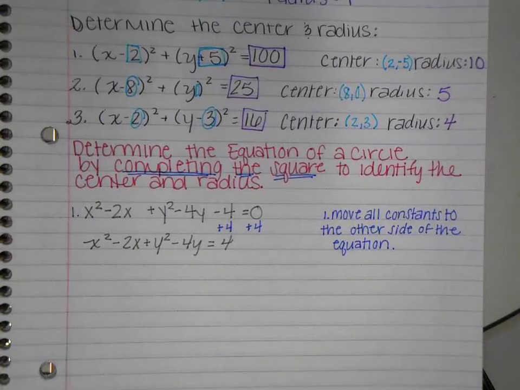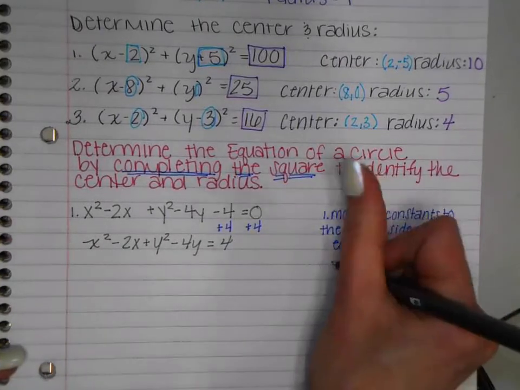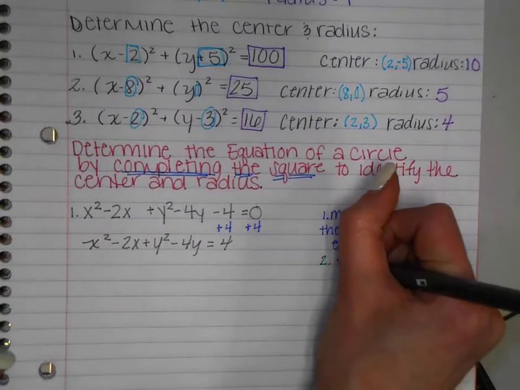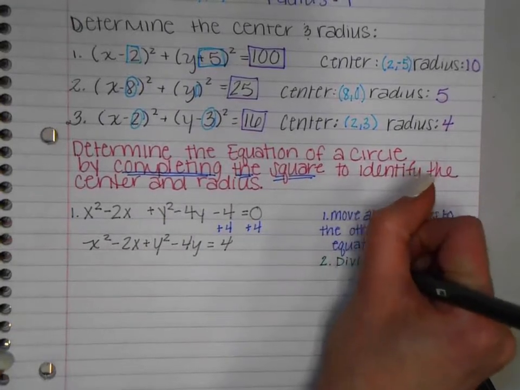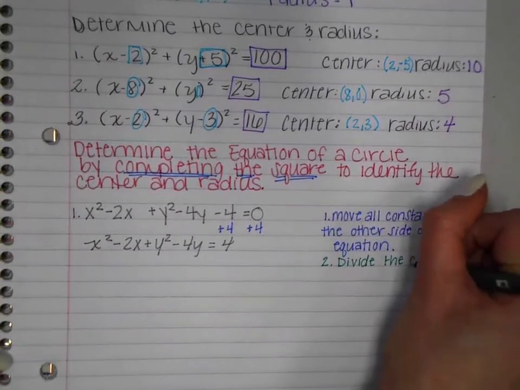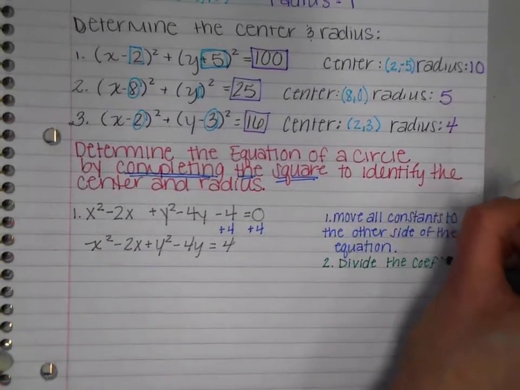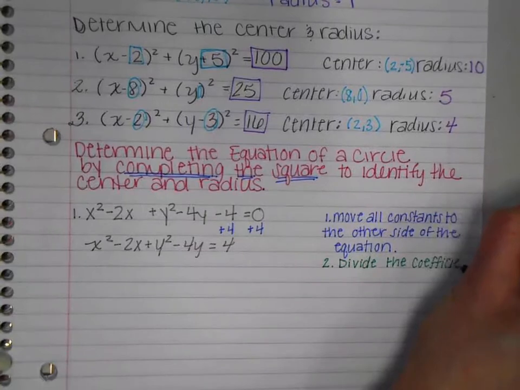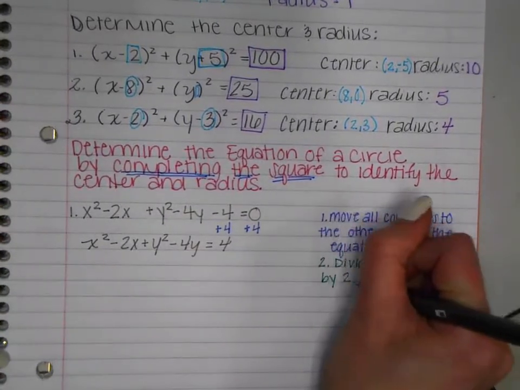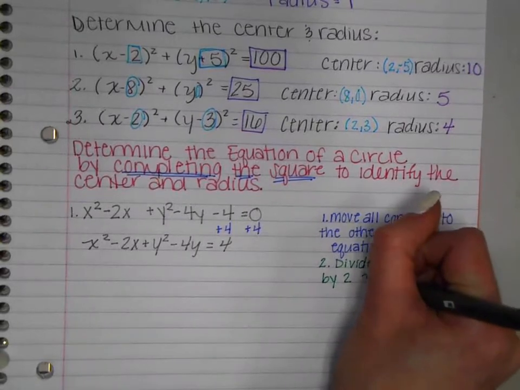Okay, so step 2. You're going to divide the coefficients by 2 and square it.